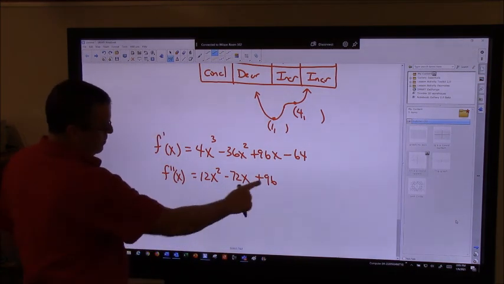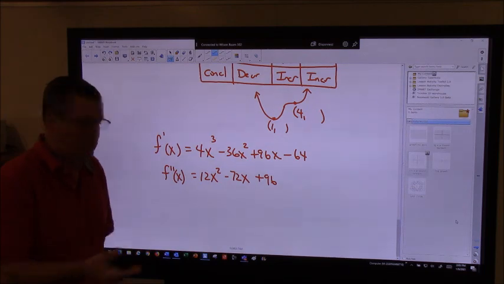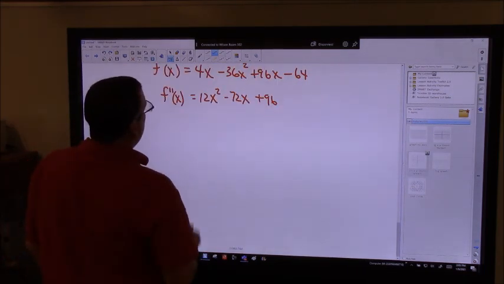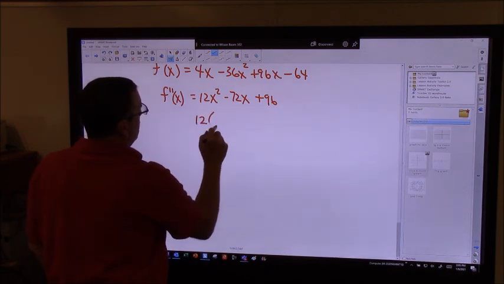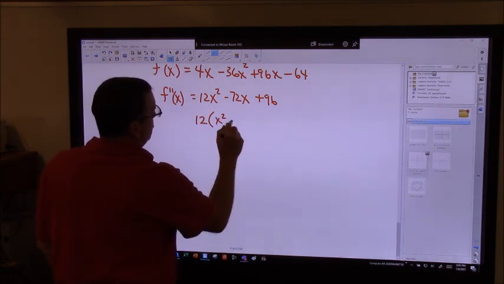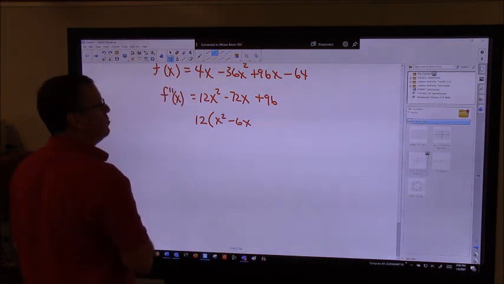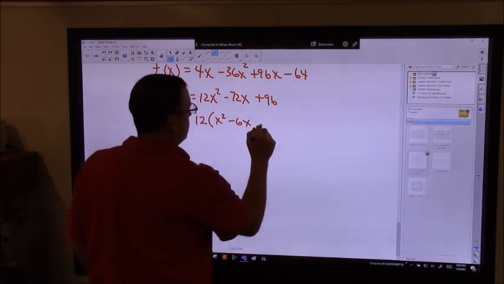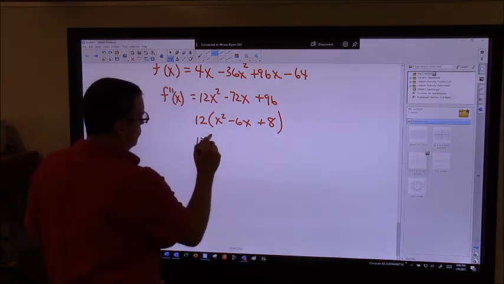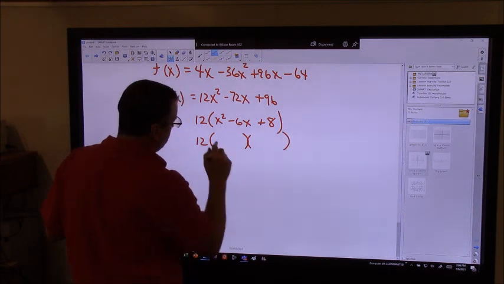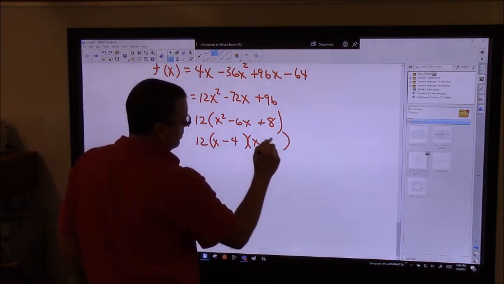So now I want to set this equal to 0 and solve so I can find my critical numbers for my second derivative test. So I'm going to go ahead and factor a 12 out of here. And I'm left with x squared minus 6x plus 8. Let's see, 12 goes into there 8 times. And so now what I've got is 12 times x minus 4 and x minus 2.